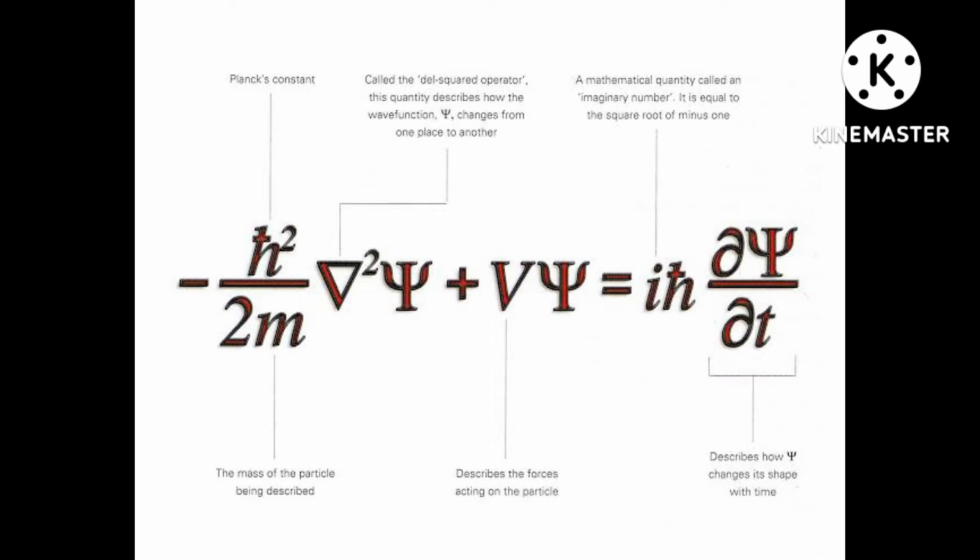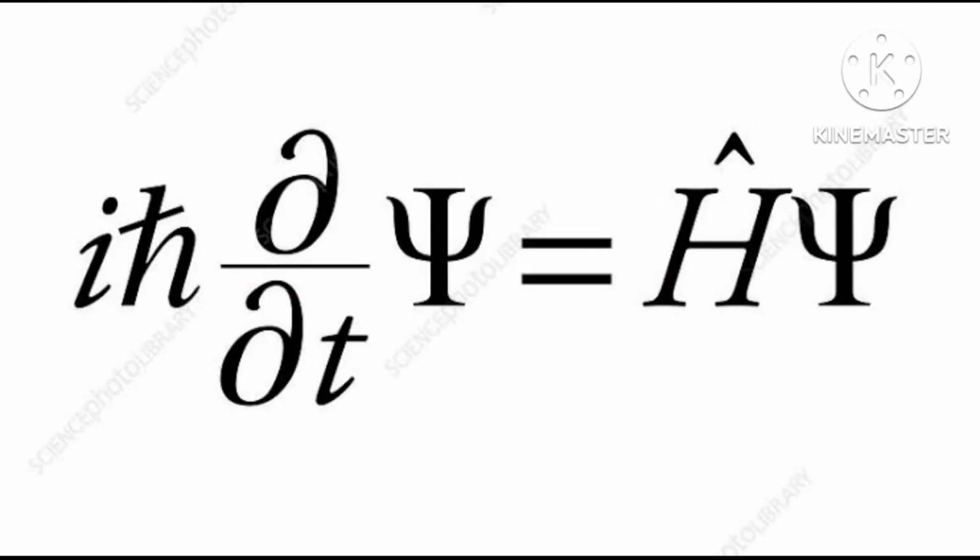This psi letter looks just like a trishul, like a trident. Then what does it mean? Why are we using psi in this equation? Clearly understand.